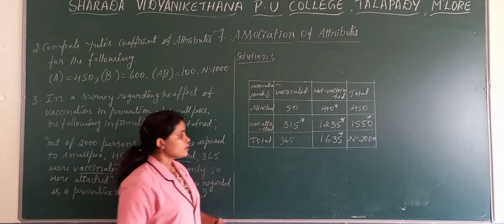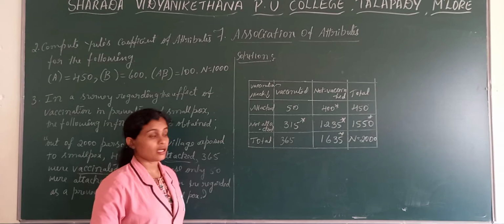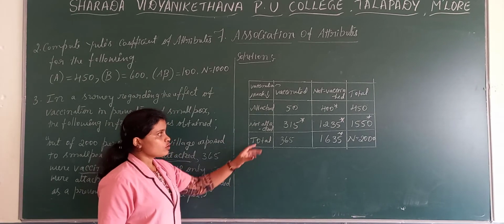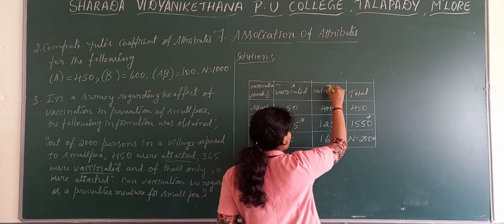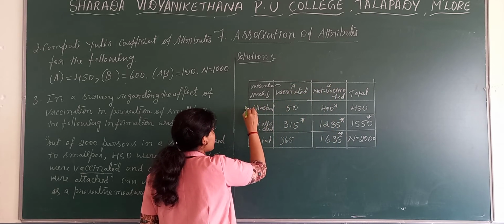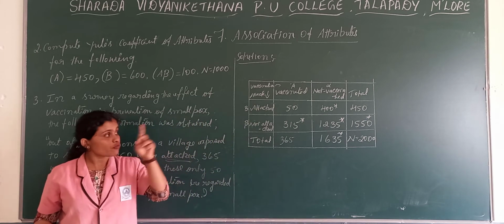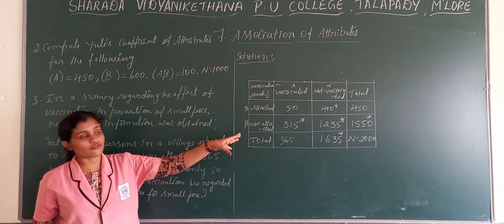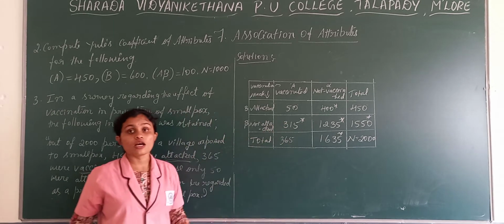Now here we need to find out Yule's coefficient of association. But it is better to write A alpha, B beta. It is not necessary, but this kind of problem you can write roughly, because it will be helpful to write the formula.